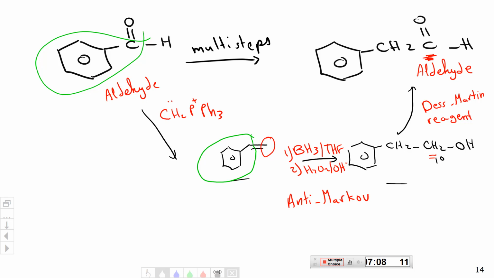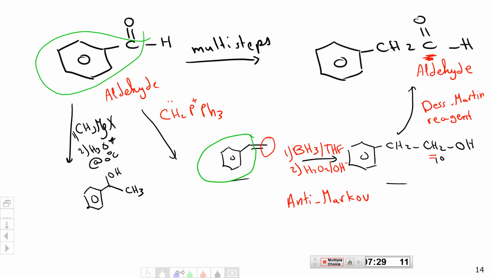Now, one can ask, can we do Grignard since Grignard also adds carbons? Let's check. If I add one carbon using Grignard, this is another way to do that. I'm going to end up with the following. Actually, let's put it in a different color for you to see. Can I go from this one to this one?